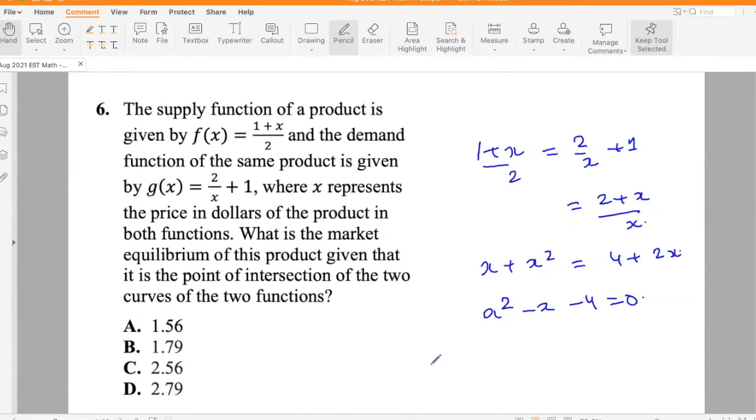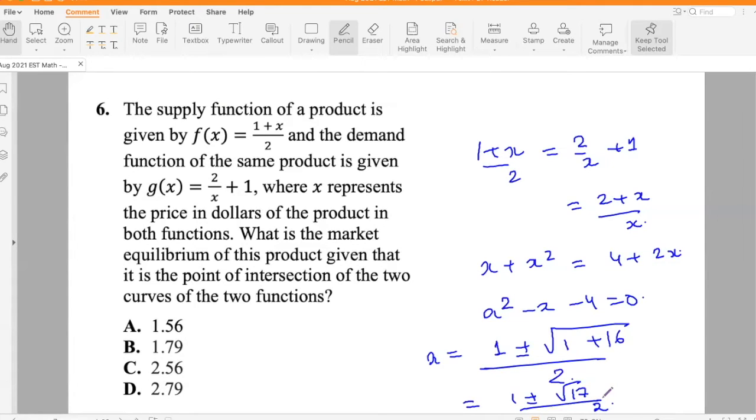So that would be minus b plus minus root of b squared minus 4ac, over 2a. So plus 16, over 2. So that's 1 plus minus root 17, over 2. Okay, so let's plug that in the calculator. 1 plus root 17, and that divided by 2. So we get 2.56, option C.